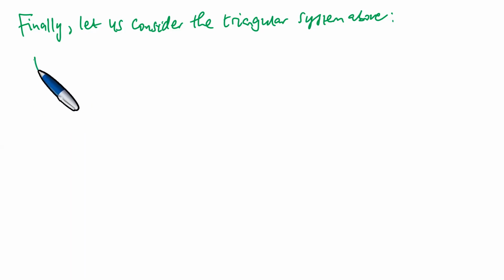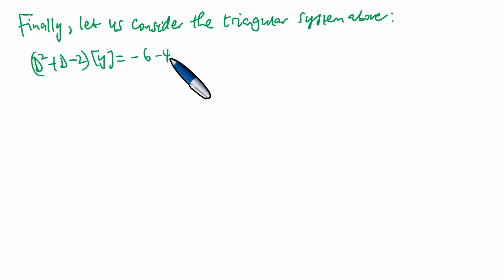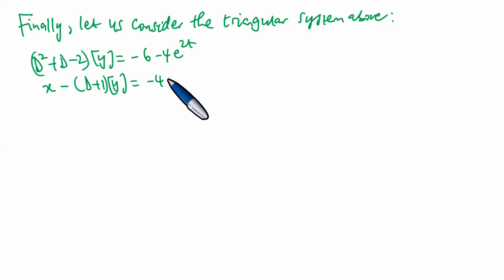So let me write this one first. D squared plus D minus 2 acts on y, which is minus 6 minus 4e to the twice t, and x minus D plus 1 y, which is minus 4 plus 8e to the twice t.